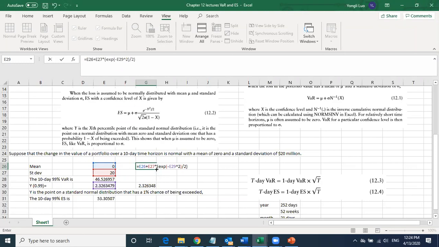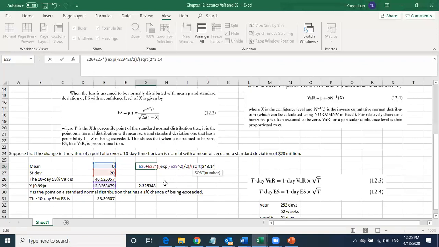Now this is your numerator. Then you open another parenthesis, divided by, and this is the denominator. The denominator is going to be the square root of 2 times pi, 2 times 3.14.